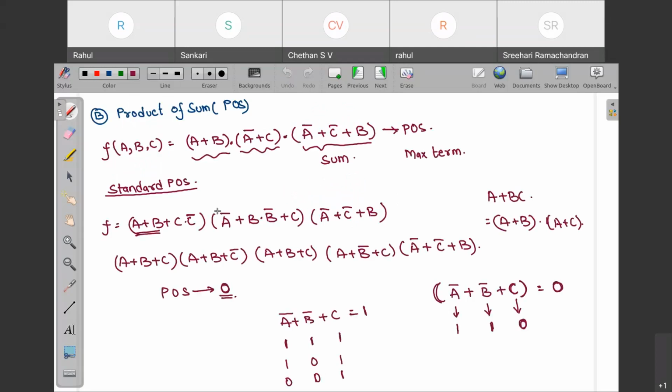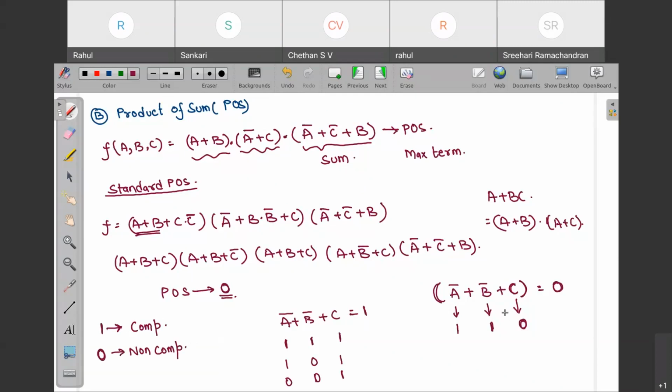So yes, I was saying in POS form, your 0 is always unique. So over here, 1 corresponds to your complemented form and 0 corresponds to your non-complemented form.